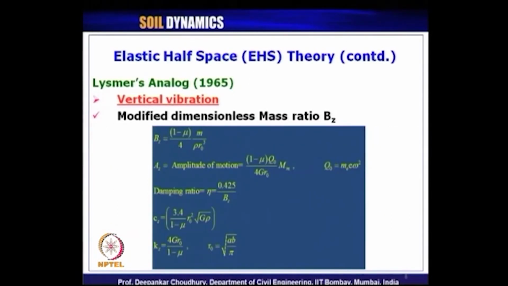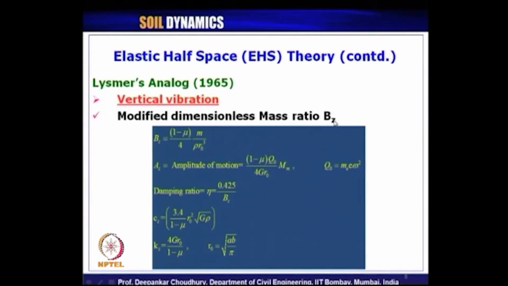Now, this Reisner model was further modified by Lysmer. Lysmer's analog. Lysmer proposed a simplified analog in 1965, that is known as Lysmer's analog, where for vertical mode of vibration, the modified dimensionless mass ratio is denoted by the symbol Bz.